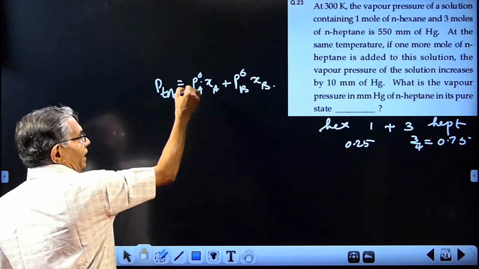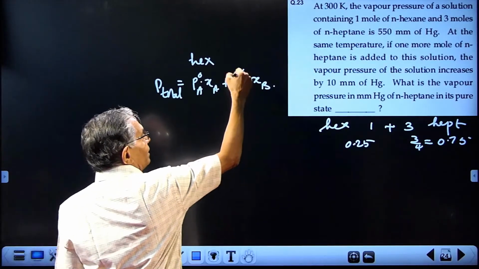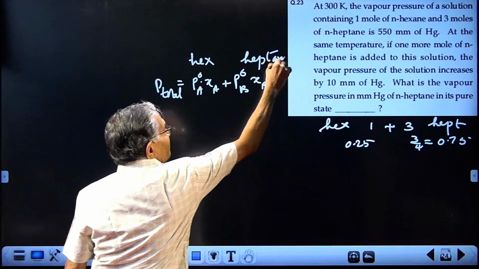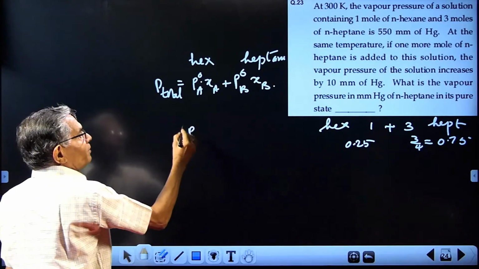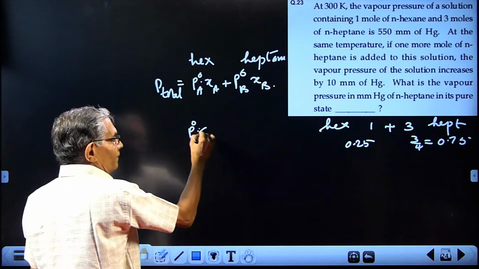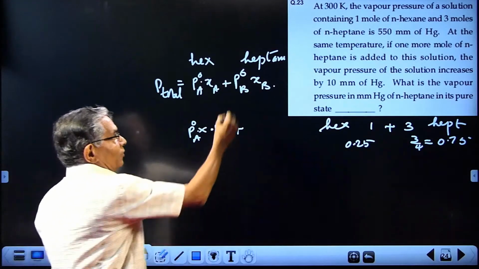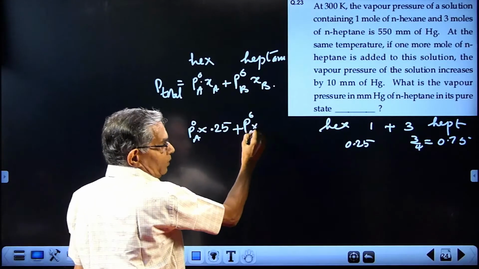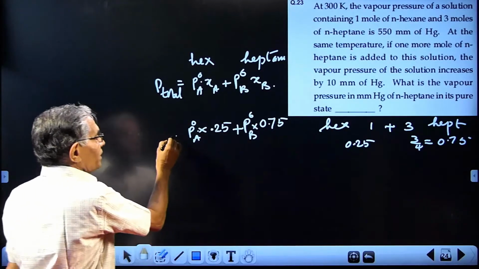Let A represent hexane and B represent heptane. We'll write the equation as: for hexane we don't know the vapor pressure, P0A into 0.25, plus P0B, which we don't know, but XB you know, it is 0.75. This is equation number 1.